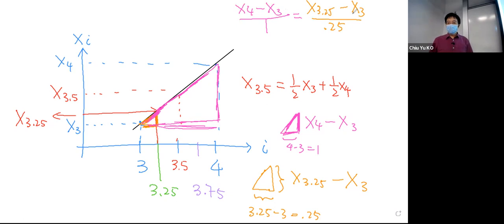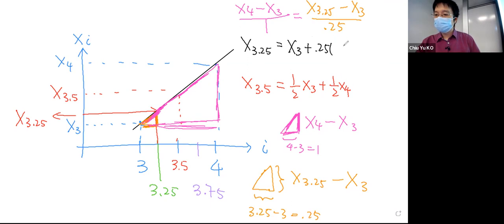Then you can do the math. I think that is not the issue because you are in the university now. I think you can easily see, using cross multiplication, this guy will be equal to x3 plus 0.25 times (x4 minus x3).